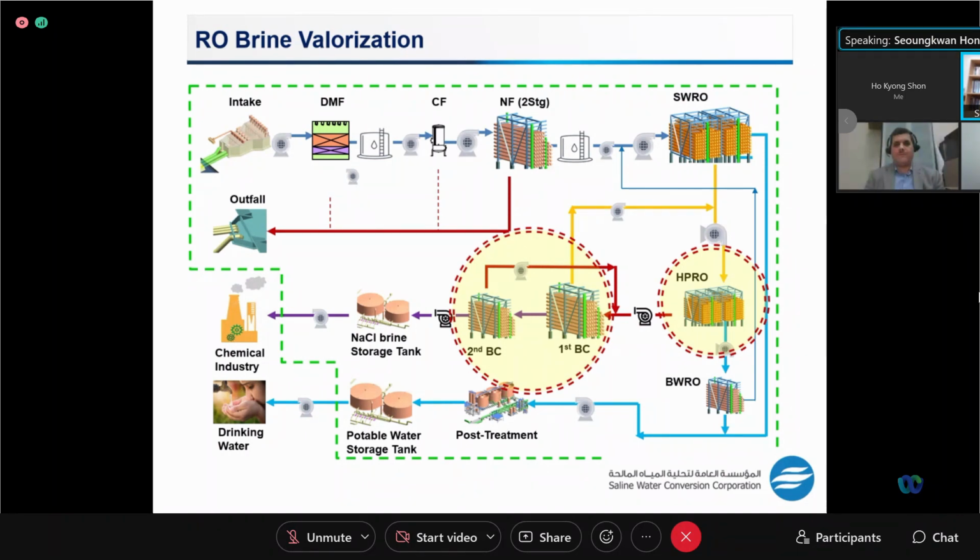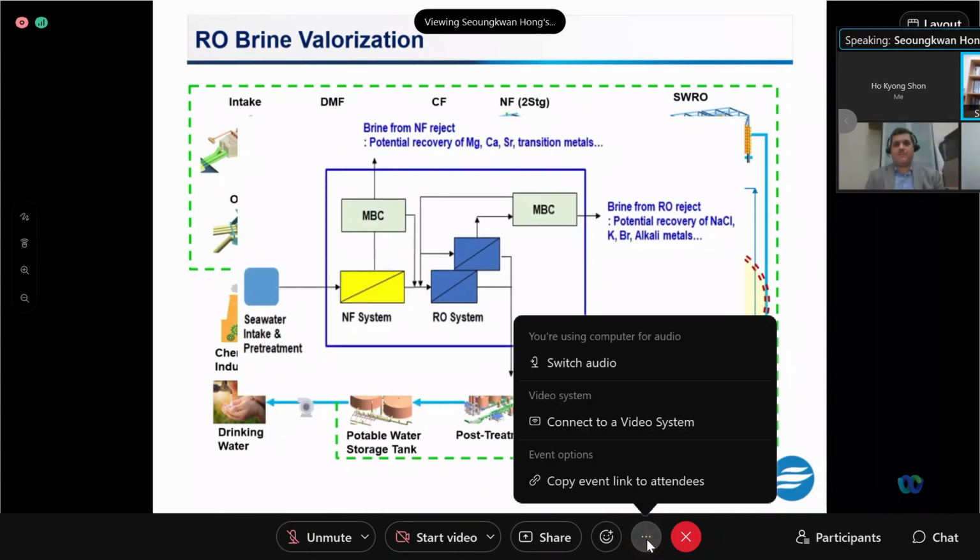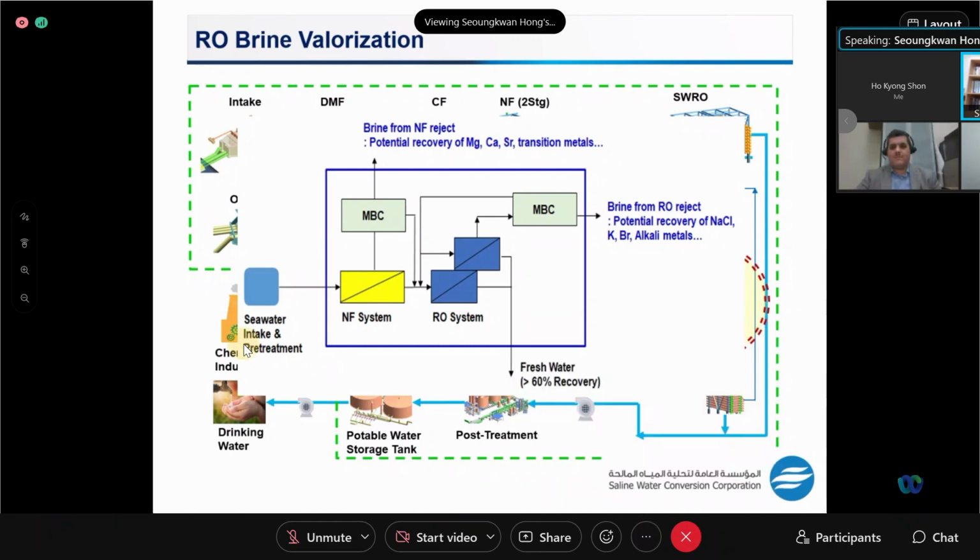As a result, magnesium, calcium, and other transition metals are recovered from NF reject brine, and NaCl, bromine, and other alkali metals such as lithium can be recovered from RO reject brine. We can produce NaOH from highly concentrated NaCl solution, thus adding value to RO brine.